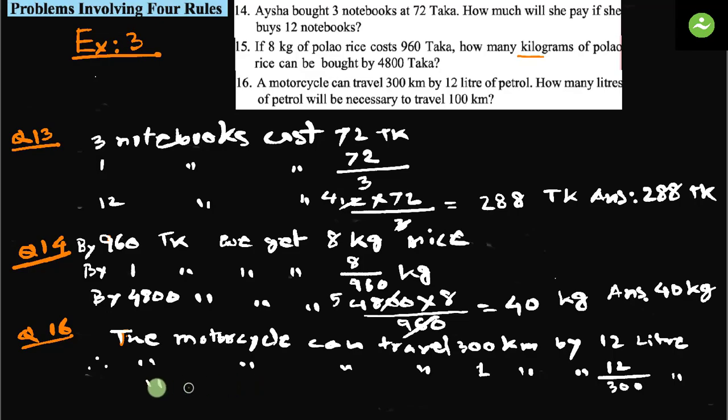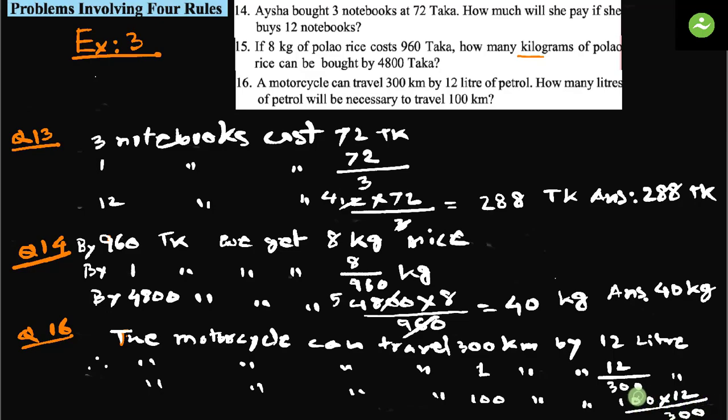We have to find how much petrol the motorcycle needs to travel 100 km. 100 should go up, because it will increase from 1 kilometer to 100 kilometers. The amount of petrol should increase. So 100 into 12, that is why 100 goes up, and there was the number 300 here.